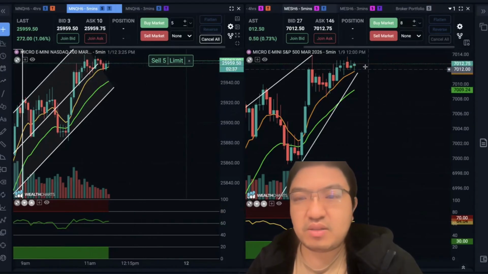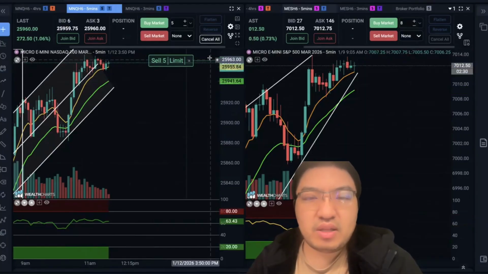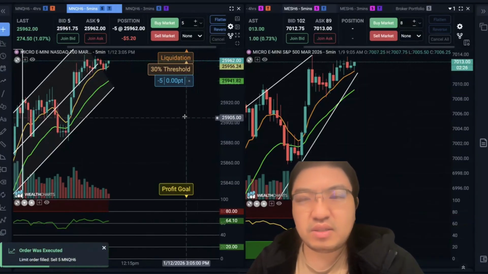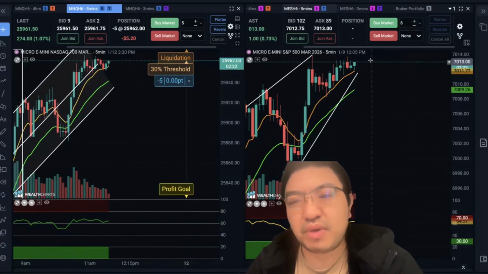The hypothesis is that ES cannot fight back and engulf this one. If it does, then I just get triggered, getting into a trade. Oh, I get into a trade. We'll see ES. Okay, not engulf, it gets rejected.